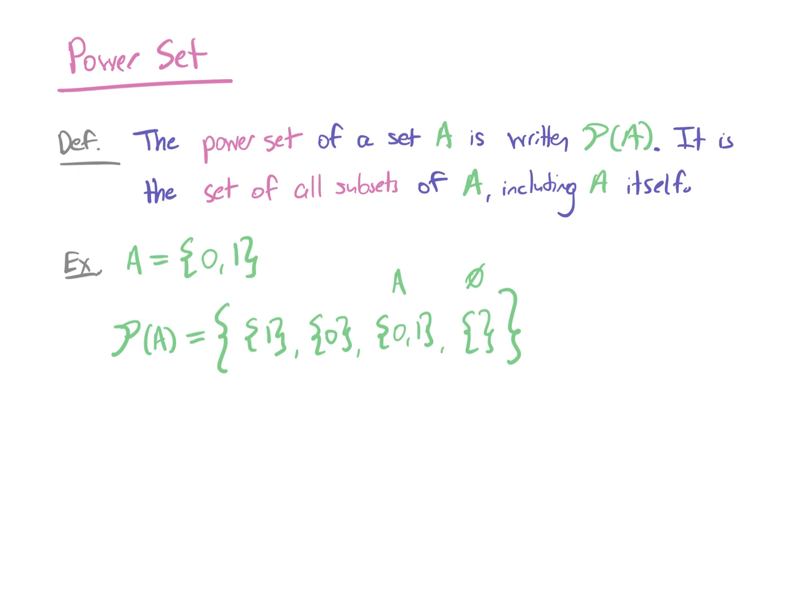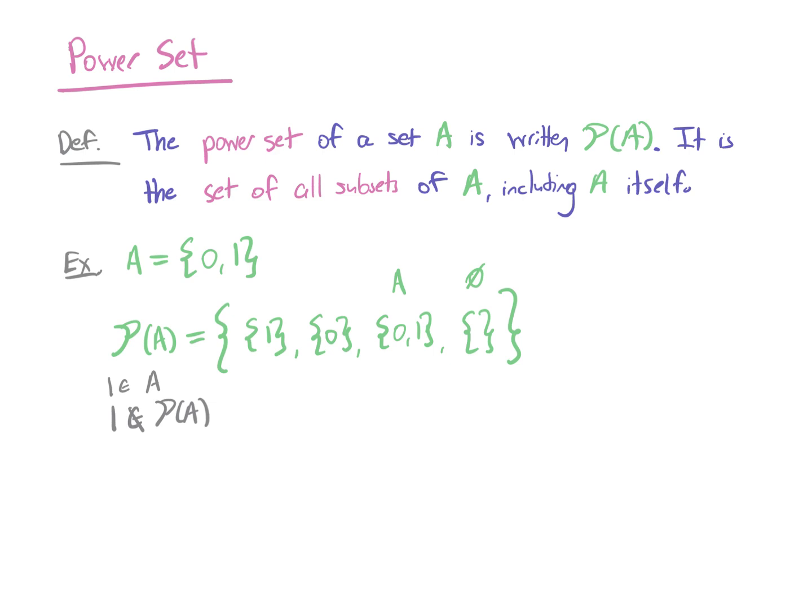So let's do a little bit of counting here. The power set of A has 1, 2, 3, 4 elements inside it. It's important to keep in mind that these elements are all sets. None of the individual elements of A are ever elements of the power set. So for example, 1 is not an element of the power set of A, even though 1 is an element of A itself.